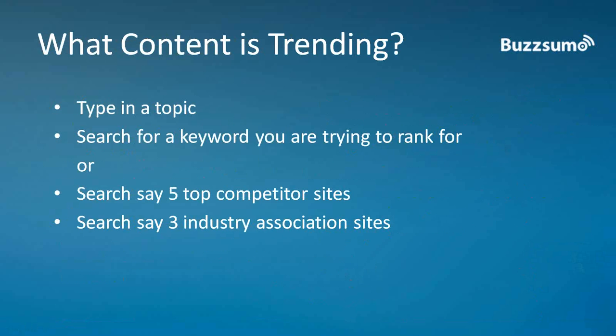You might want to just see what's trending more generally without restricting it to a topic, and I find there are a number of ways that work really well on BuzzSumo for this. So for example, you could say, right, who are the top 5 competitors in this space, and you could search for all 5 of their sites, or you could search the industry association sites, and I find that a really useful way of seeing what's trending in an industry.